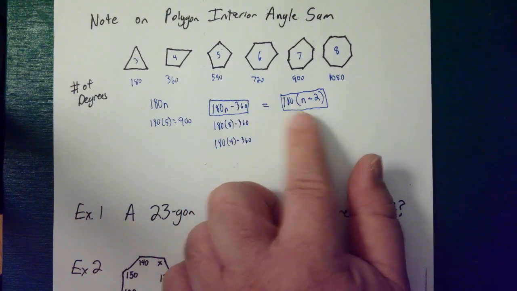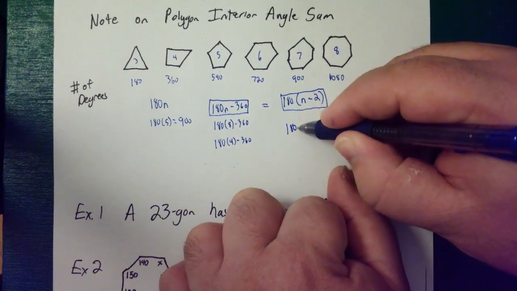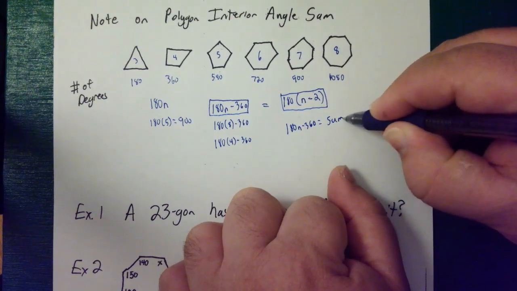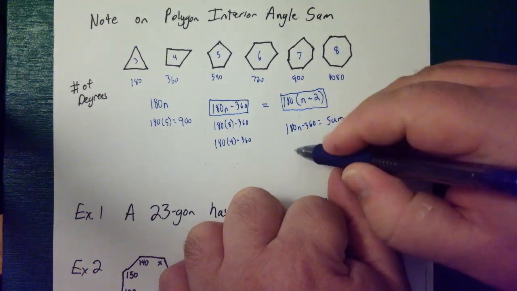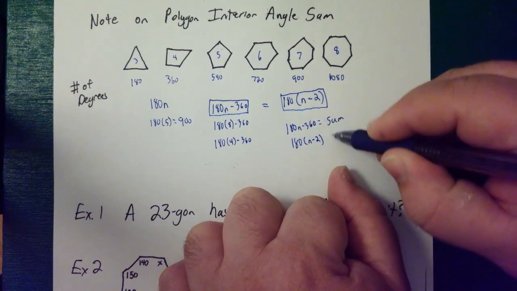And what this equals, I really should rewrite this. It's 180 n minus 360 equals the sum, or 180 times n minus 2 equals the sum.